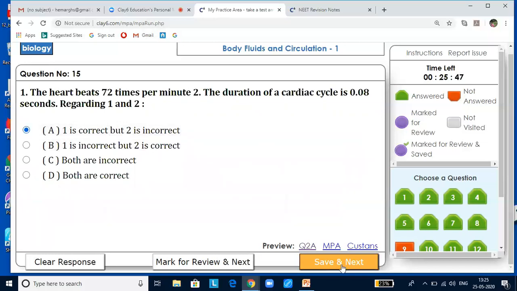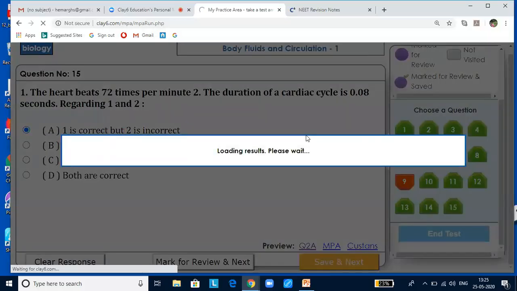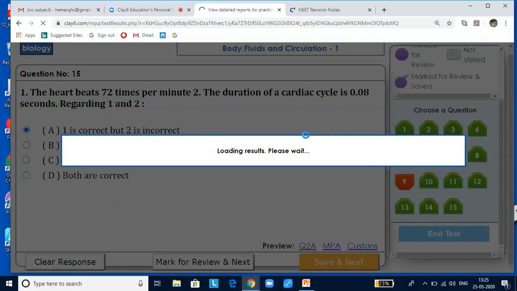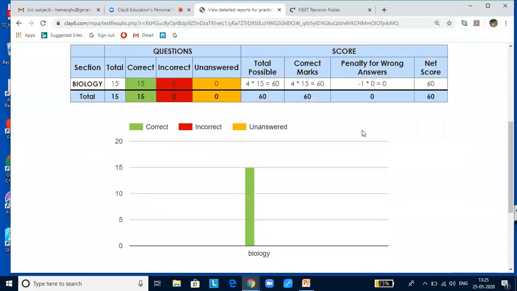So I'm going to save the test and end the test. So all the questions are correct.